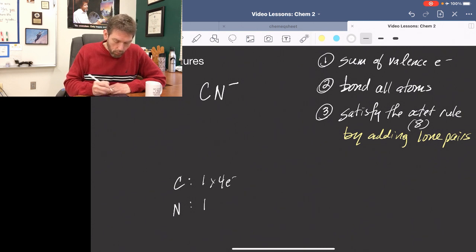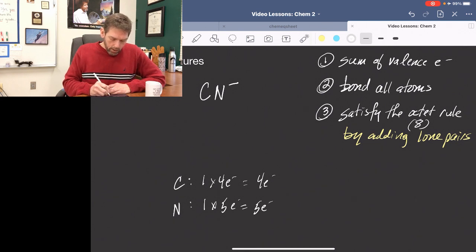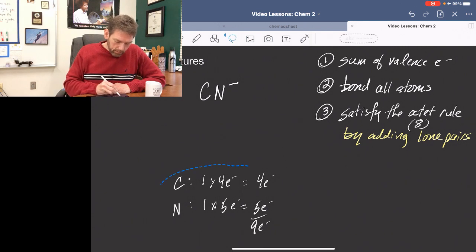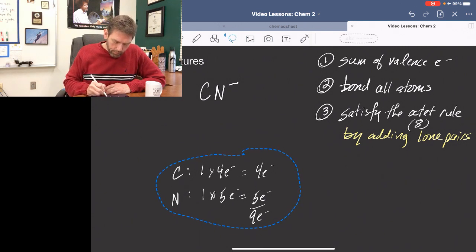Carbon we know has 4 valence electrons, and nitrogen has 5 valence electrons. So you should be able to see here, that is 9 valence electrons.